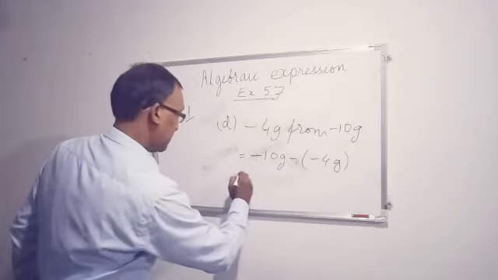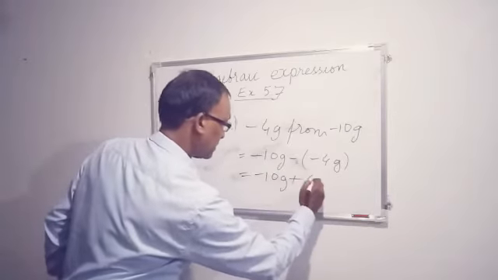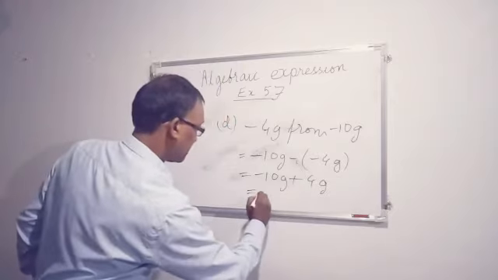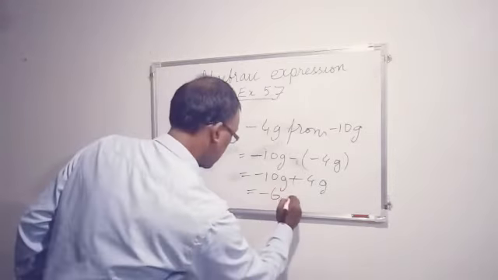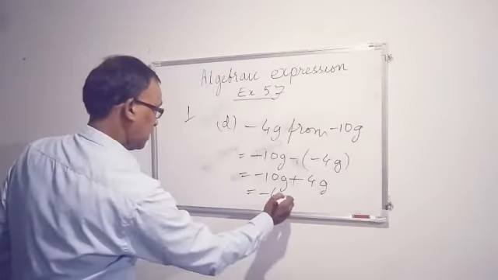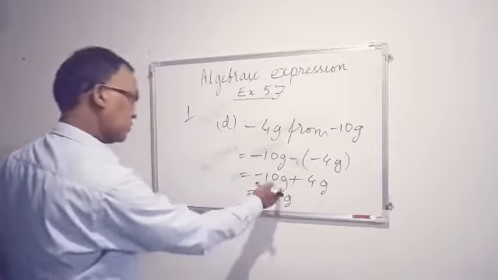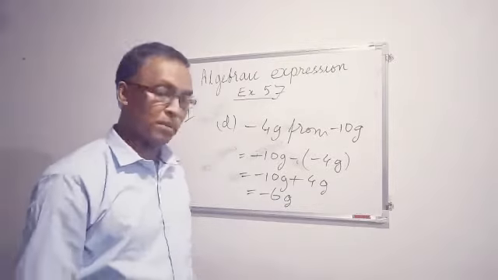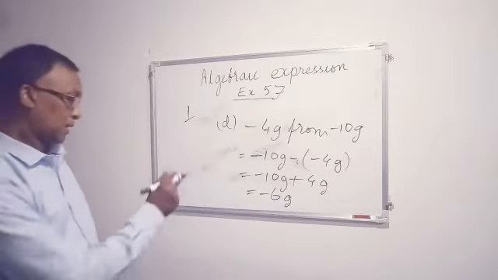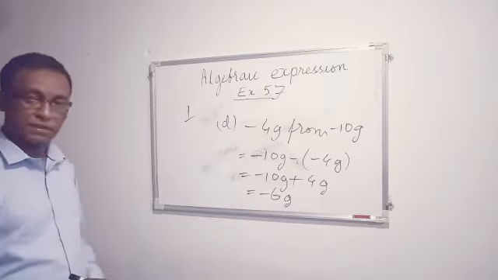So minus 10g, minus plus 4g. Now if you subtract this one, 10 minus 4 will be 6g, and 10 is bigger, so in front of that number negative is there, so I'm maintaining the negative sign. So what we got? Minus 6g.